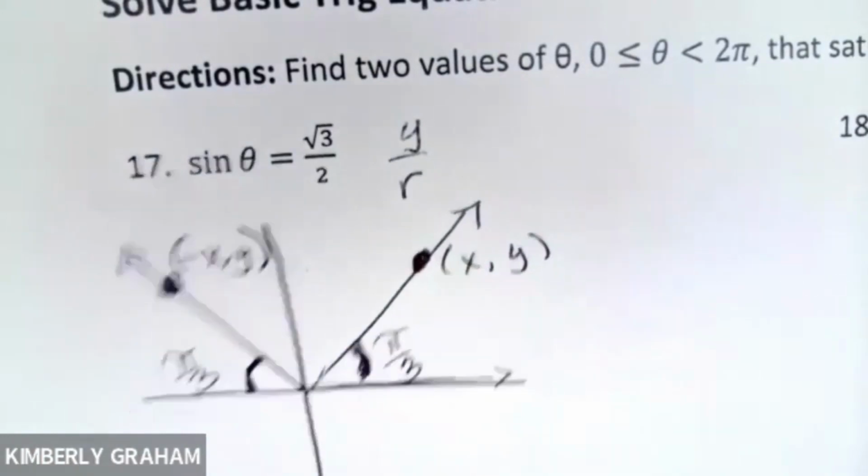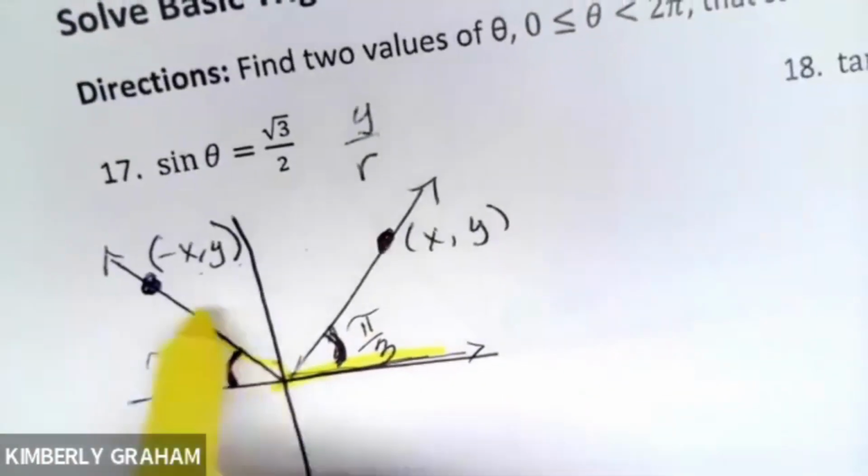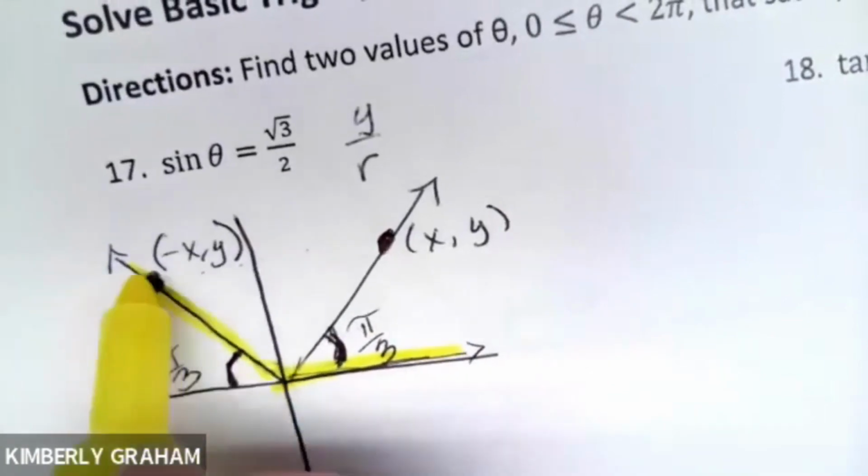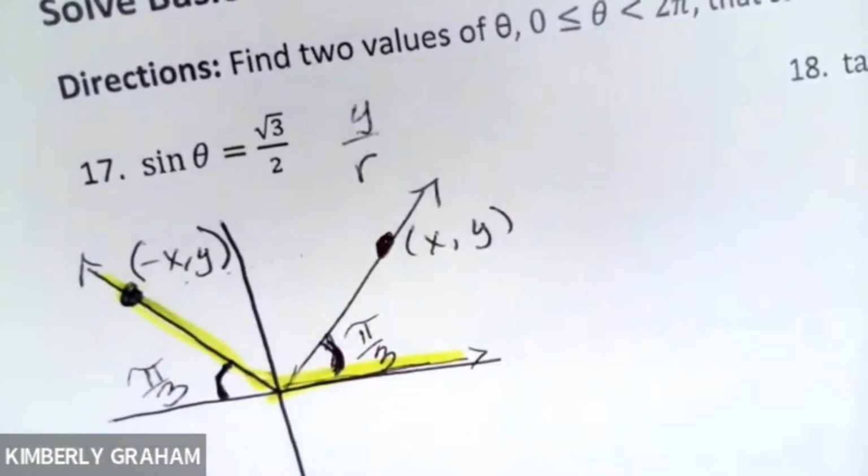So that means this angle that I am going to make in yellow would be 2 pi over 3.